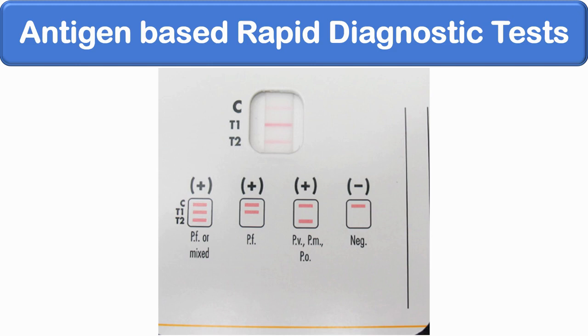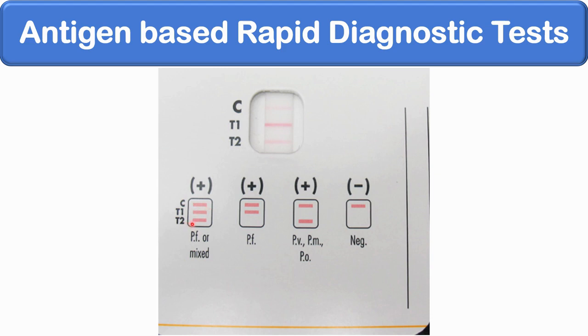Principle of the test: test kits currently available use a nitrocellulose membrane strip with 2 parasite detection lines and a control line. Test line 1 is coated with capture antibodies specific for Plasmodium falciparum, for example, histidine-rich protein 2 or Plasmodium falciparum LDH.